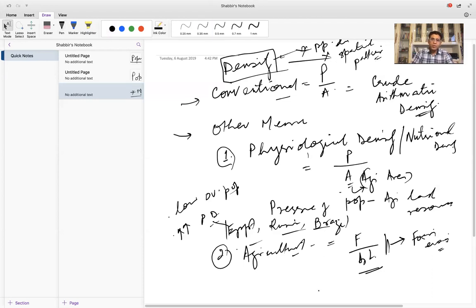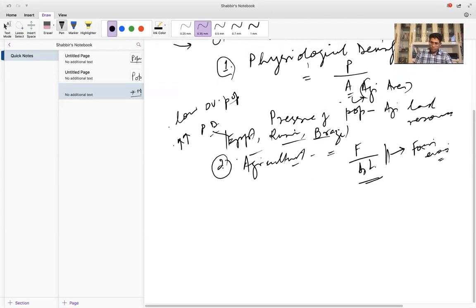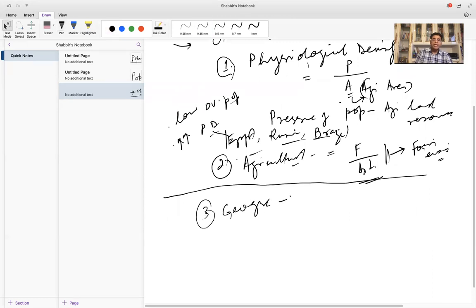If you want to add something more, we have a third concept, and this concept was given by George. He gave the concept of what's called economic density, and there's a formula for this.